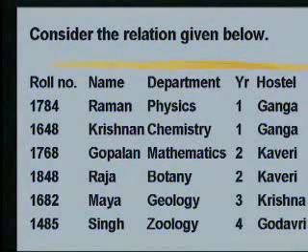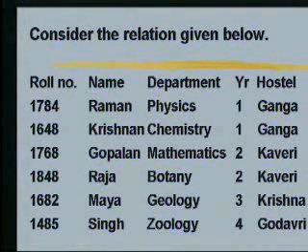If you are in the second year, you are in the Kaveri hostel. In the third year, you are getting Krishna. In the fourth, Godavari. That means something. A non-key attribute here can determine which hostel the students will be residing in. That means there is a dependence existing between the year as well as the hostel.